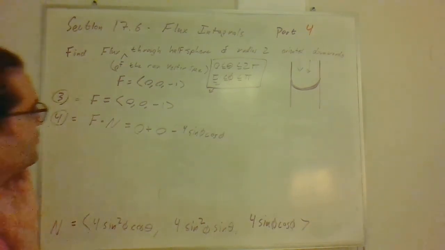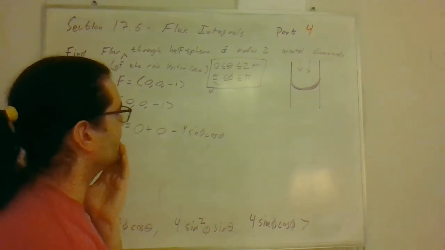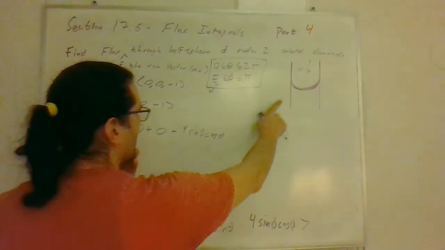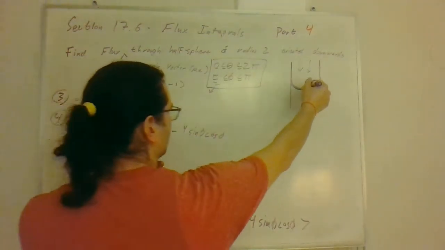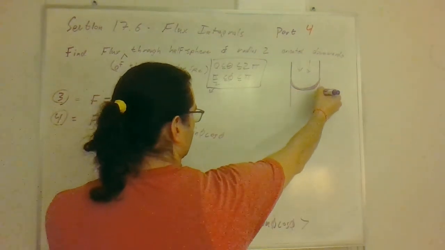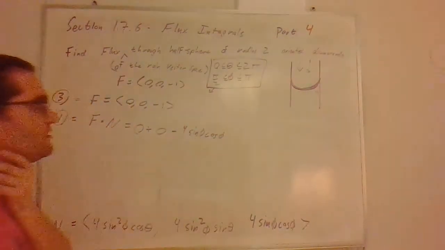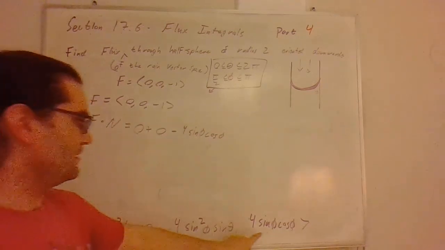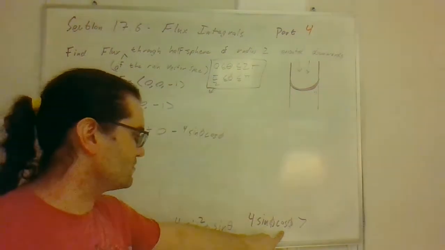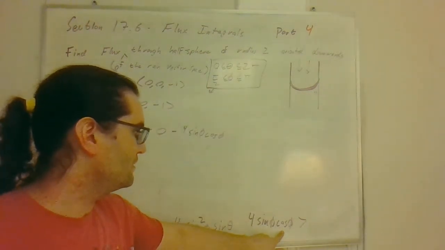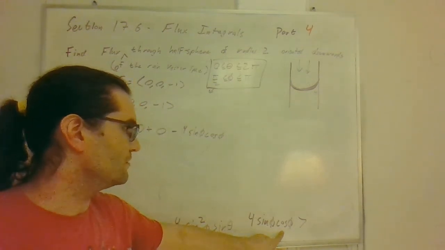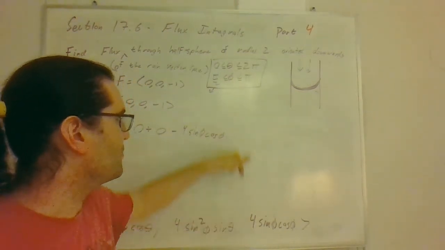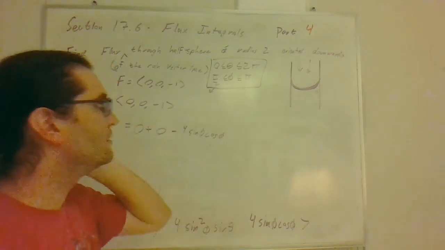Let's pick something more in the middle. Let's pick 3 pi over 4. When phi is 3 pi over 4, that's like this angle downwards. And sine of 3 pi over 4 is positive, cosine of 3 pi over 4 is negative. So, yeah, this should be pointing downwards at 3 pi over 4.